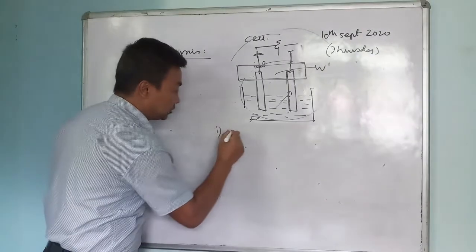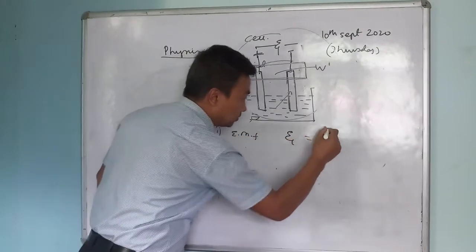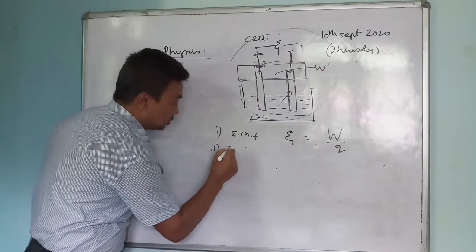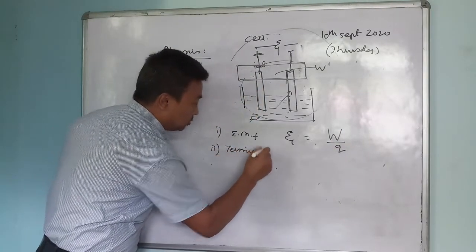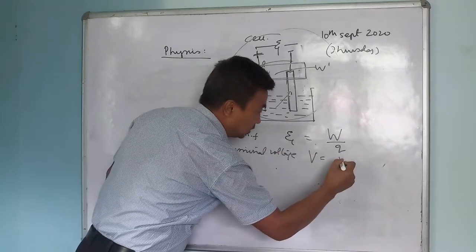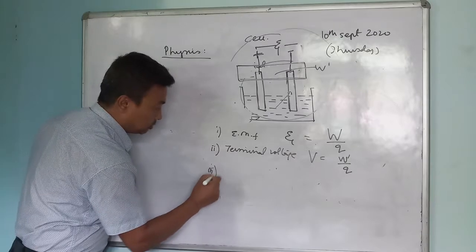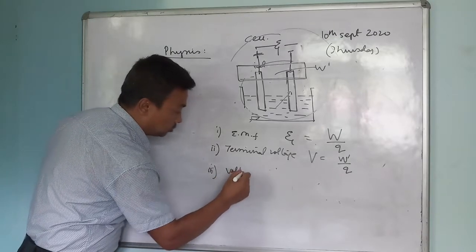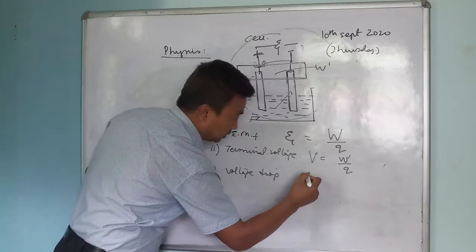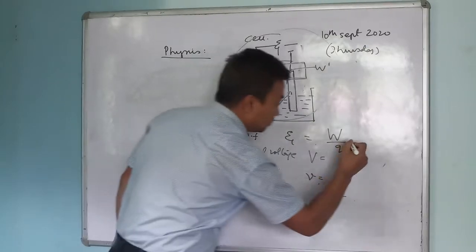Number one is EMF, which is given by the symbol W by Q. Number two is the terminal voltage, which is given by V, W dash by Q, and number three is the voltage drop. The voltage drop is given by a small v, which is small w by q.